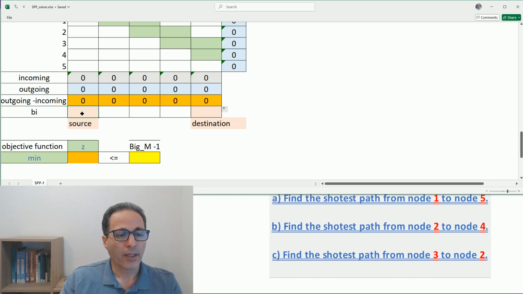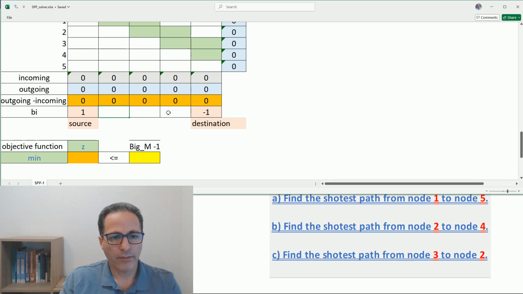Now, the question in part A says that 1 is source, 5 is destination. So for source, we knew that BI is 1. For destination, BI is minus 1. All the others are zeros. So I have a 0 here. Or I can select them all and say these are all zeros. Let's see.